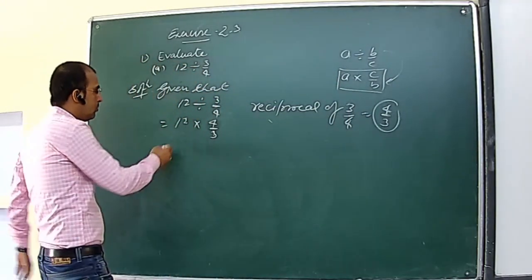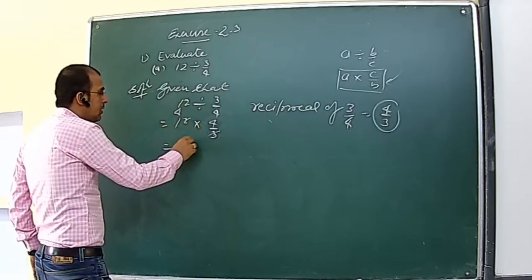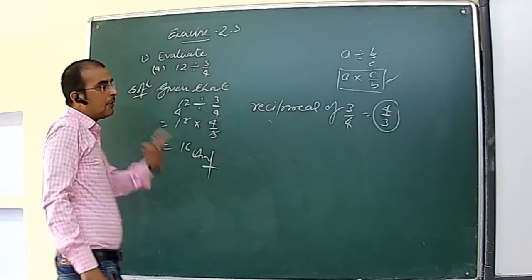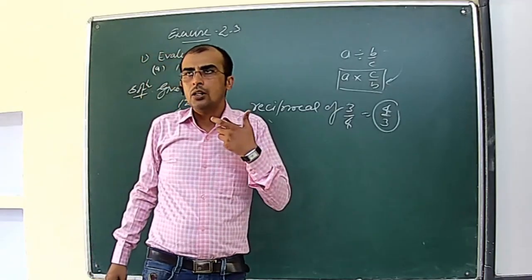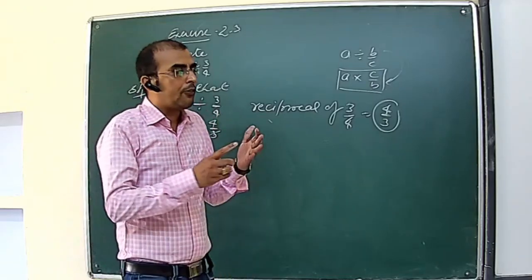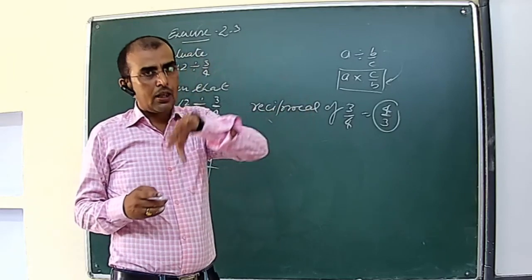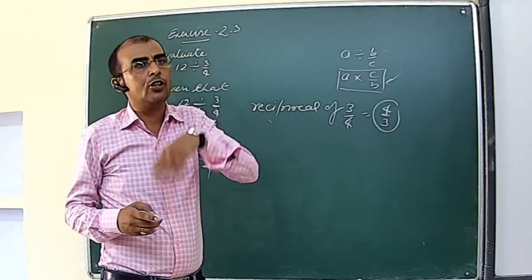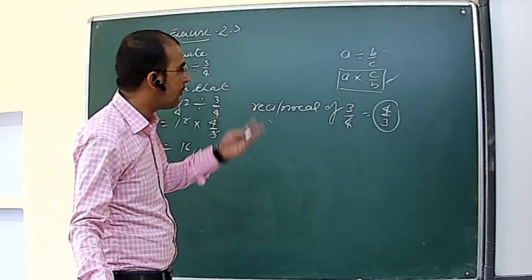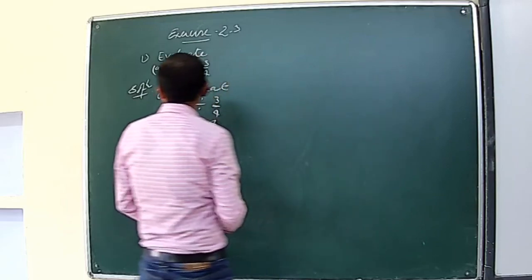So what you will do, this 4 will cancel 4 times, 4 threes are 12, and 4 fours are 16. This is your answer. Is it clear? So it is very important, the reciprocal of division and the reciprocal of a fraction. For a fraction, the numerator is written in the form of the denominator and the denominator in the form of the numerator. Then that will be the reciprocal of the given fraction. So this is the first part, A.